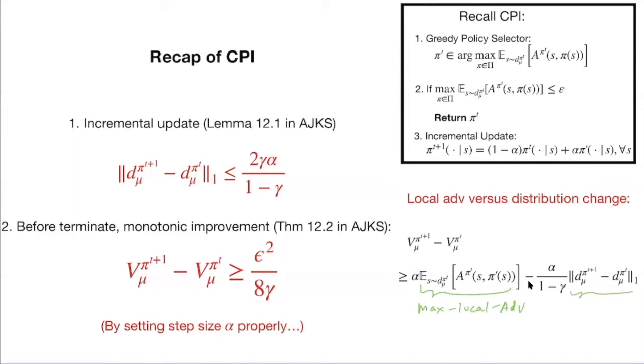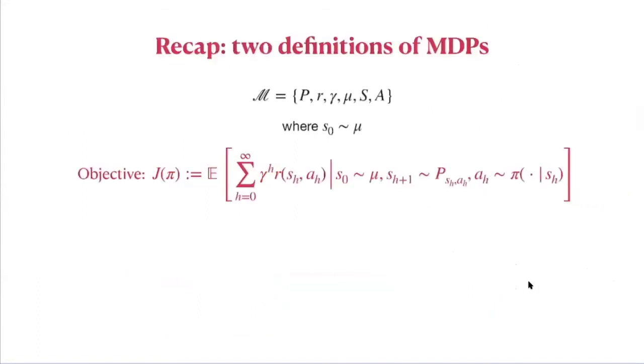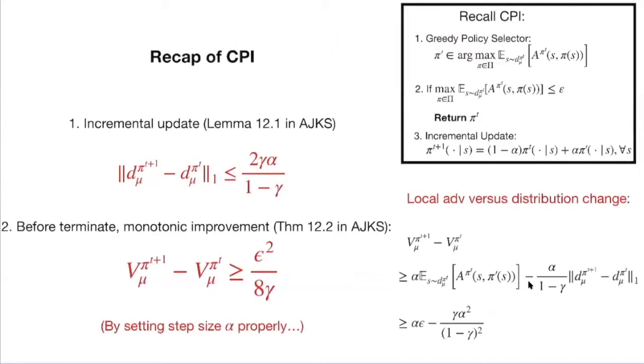On one hand, we want to get the maximum local advantage. On the other hand, we don't want too much change in the distributions. So we can tune the parameter alpha to get the balance. That's what we covered this Tuesday. Any questions so far on the conservative policy iteration algorithm?